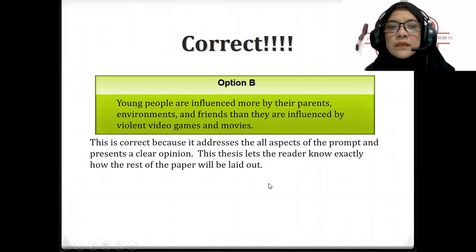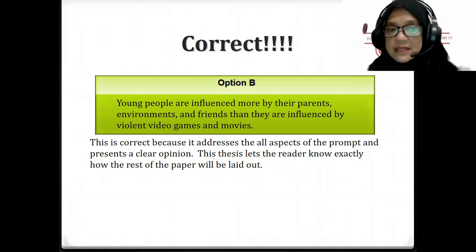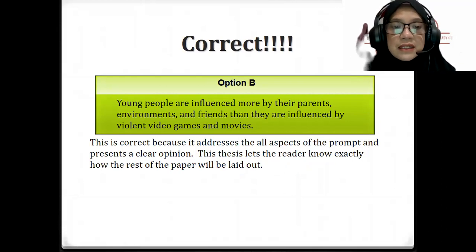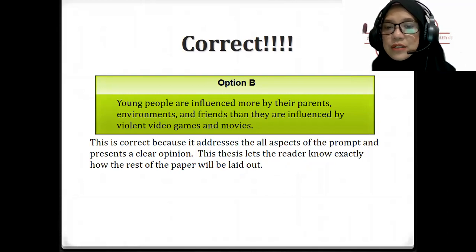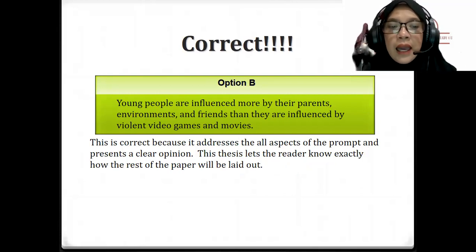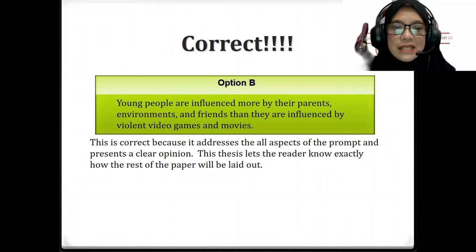Young people are influenced more by their parents, environments, and friends than they are influenced by violent video games and movies. This is correct because it addresses all aspects of the prompt and presents a clear opinion. This thesis lets the reader know exactly how the rest of the paper will be laid out.